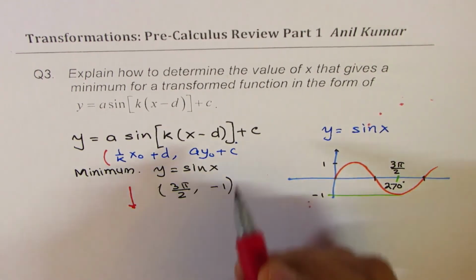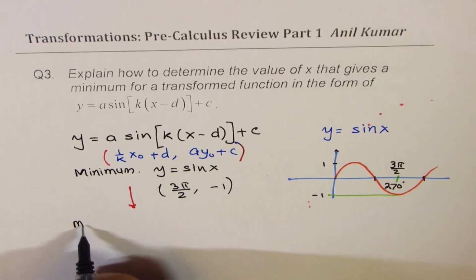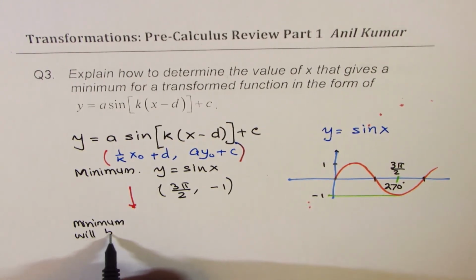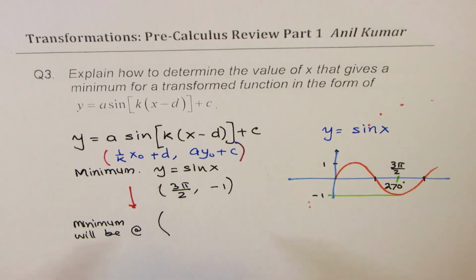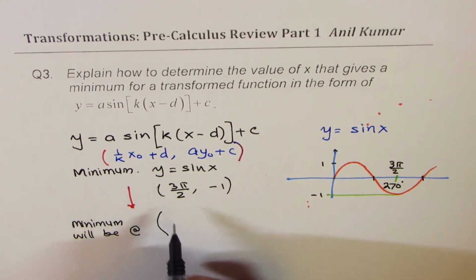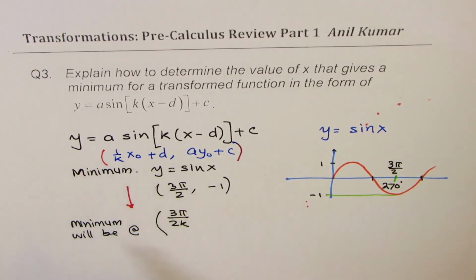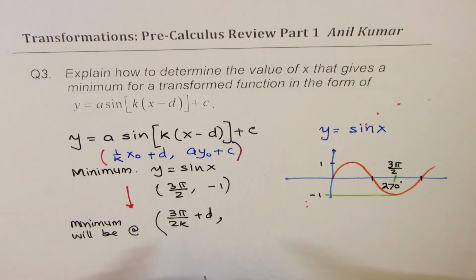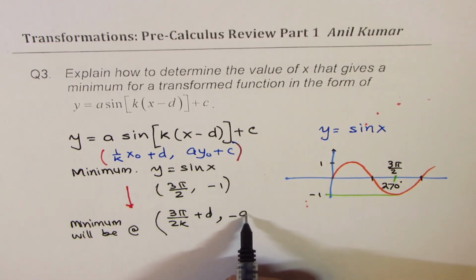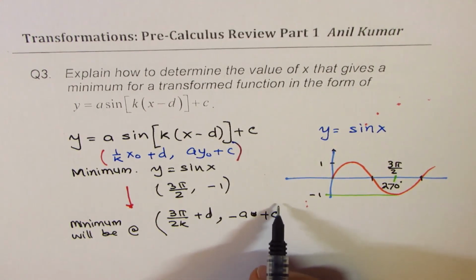Right? So the new coordinates will be, so the minimum will be at, we'll have this point at 3 pi by 2k, right, this k value, plus d, and the value will be minus a, which is minus 1, right, plus c.